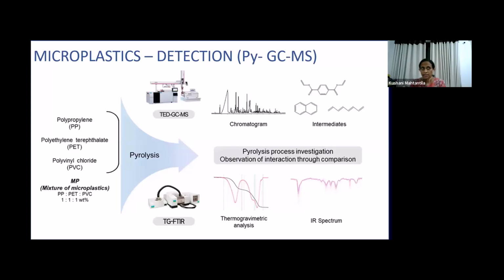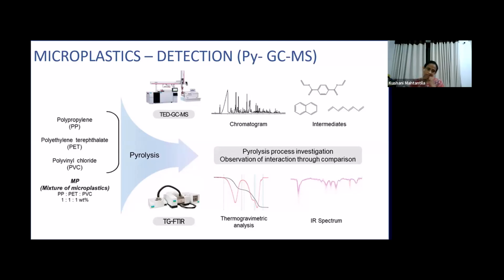The sample is pyrolyzed, decomposed in the absence of oxygen. Then the particles are fragmented at their weaker bonds and produce smaller molecules which are highly volatile. Once they go with the carrier gas through the GC column, the compounds are separated and can be identified in the chromatograms.